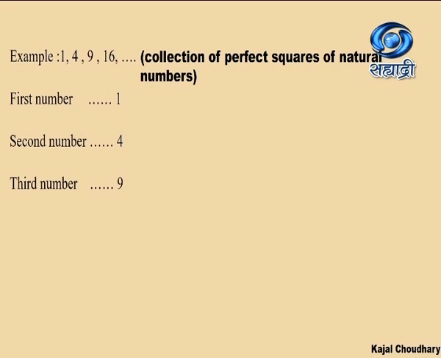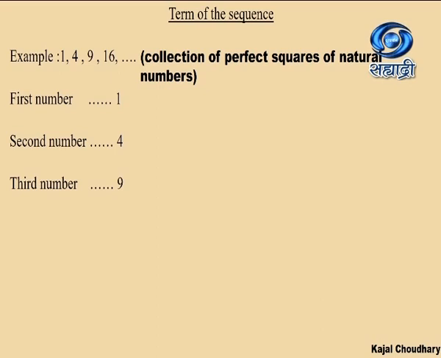Now every number in a sequence is called a term of the sequence. Every member: 1 is a term, 4 is a term, 9 is a term, 16 is a term, and so on. Like 25, if we take the next square, that will again be a term of this sequence.